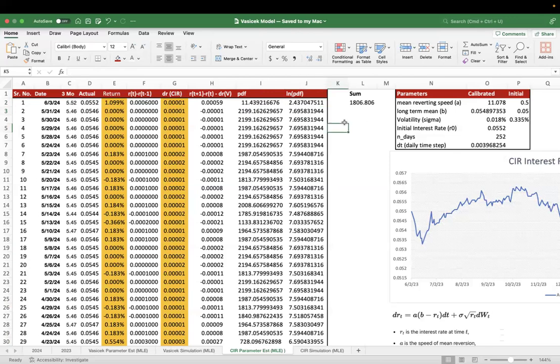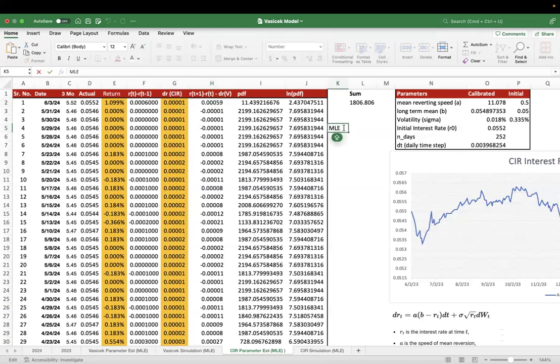See, the MLE method says maximize the likelihood estimator. If you see the definition of MLE, it is nothing but maximizing the likelihood estimator. We are basically maximizing the probability that the difference between the actual value and the model value is 0.